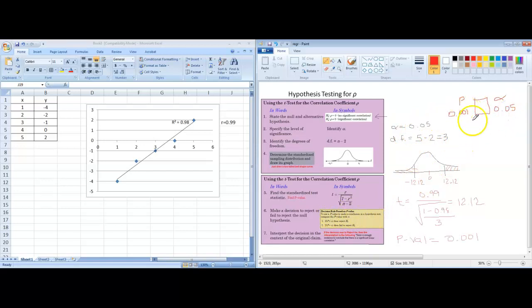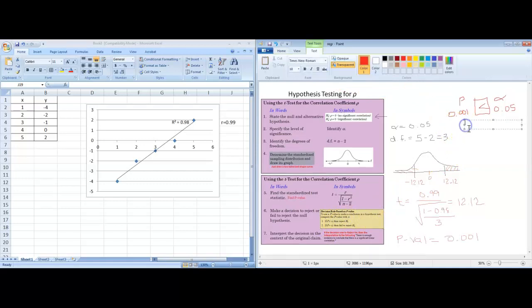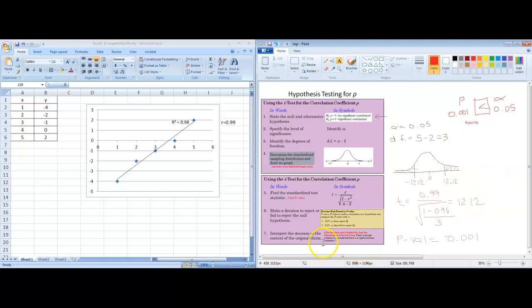From left to right, 0.001 is smaller than 0.05. What will be my decision according to the chart? When the p-value is smaller than alpha, we're going to say reject H0. That's our decision, and I did step 6.